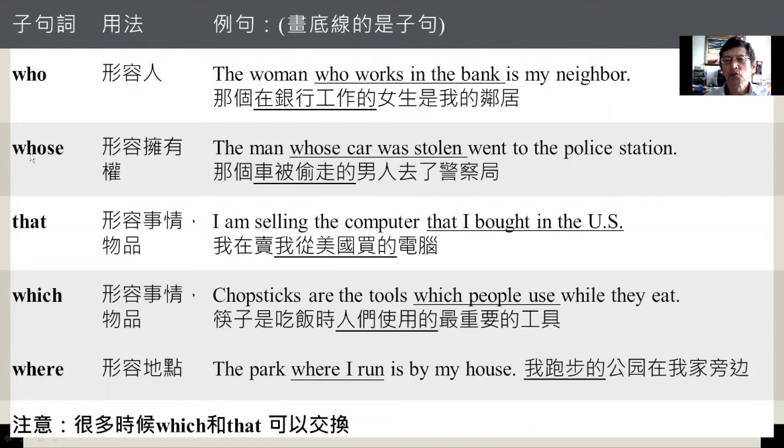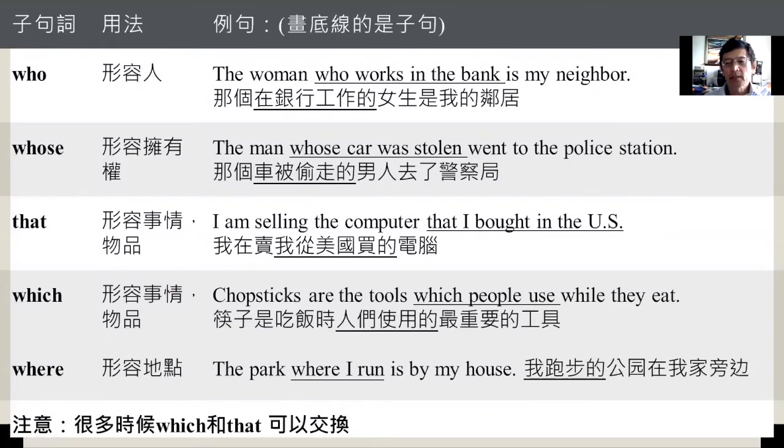The man whose car was stolen went to the police station. That. I am selling the computer that I bought in the US. Which? Chopsticks are the tools which people use while they eat. Where? The park where I run is by my house.